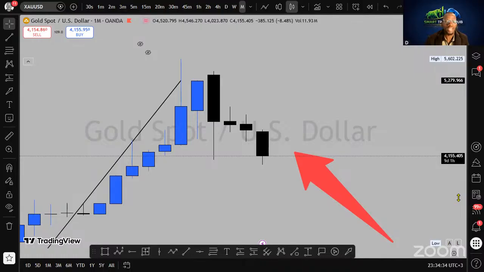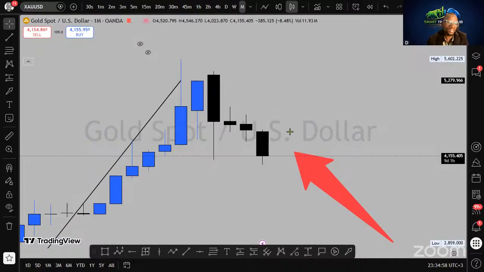Buying low and selling high, because if you buy low, then you sell it high. Let's say you buy, like right now, gold is at around 41.55. You buy gold at 41.55 and you buy like 10, okay? At 41.55, you buy it at this level, and then you wait for it to go back to the levels up here.